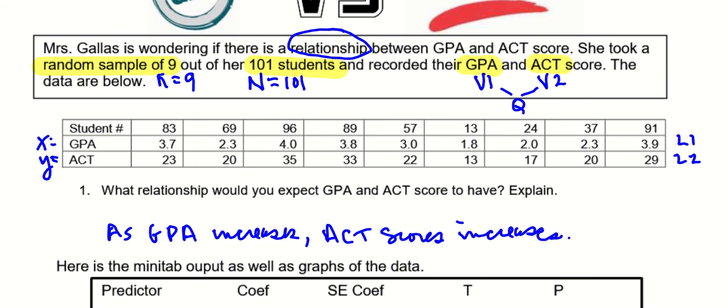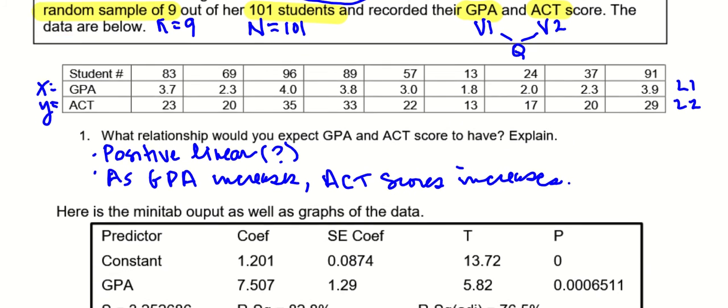And if one variable gets bigger as another variable gets bigger, then what we're expecting is a positive relationship. And it might be reasonable to assume it's a positive linear relationship. Okay, not quite sure about that. So that would be a good way to answer those questions.